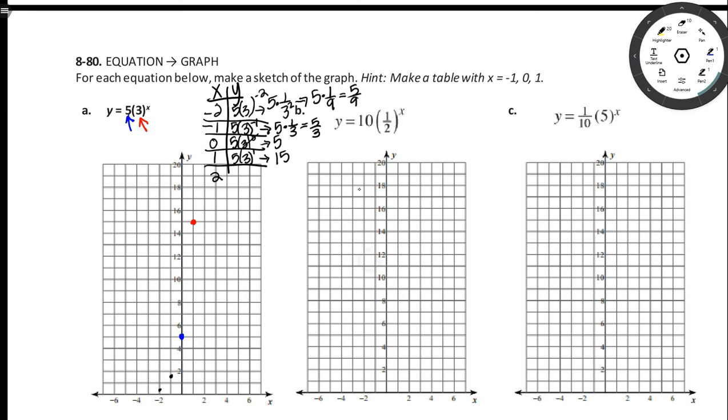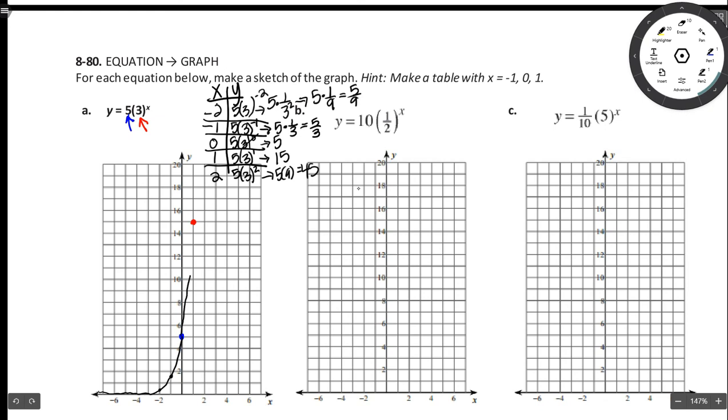Okay? And then we do the same thing. 5 times 3 to the second. 3 to the second is 9. So it would be 45, which in this case we can't really graph. So we are going to graph this.